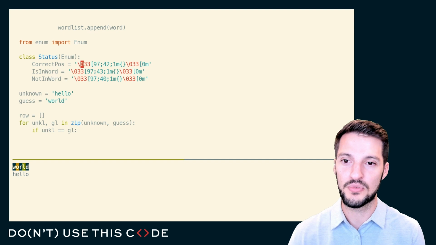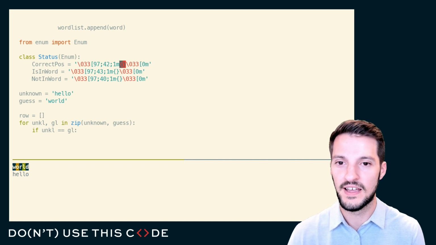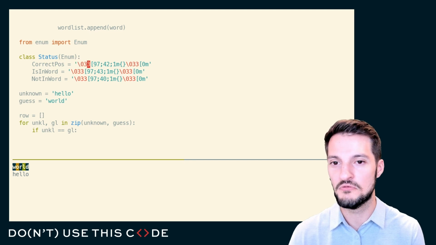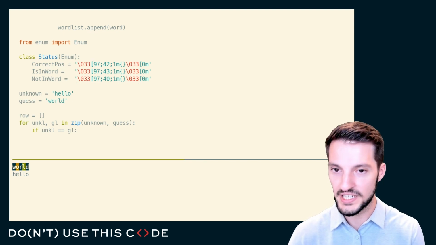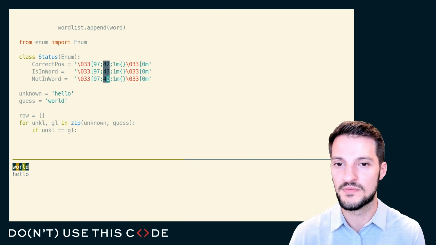I don't think it's very important for this correct position to reference the entire ANSI escape sequence of a green background and a white foreground. I think this correct position should just reference the unique parts of what I want to enumerate. And in this case, everything here is redundant and repeated except for these 3 values.